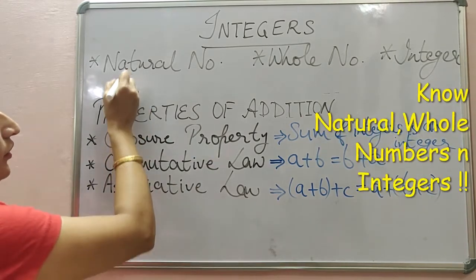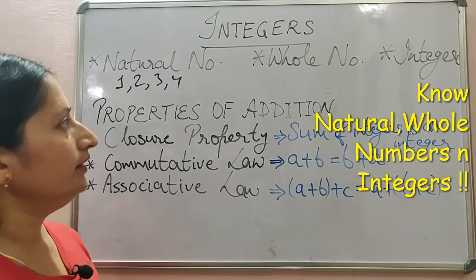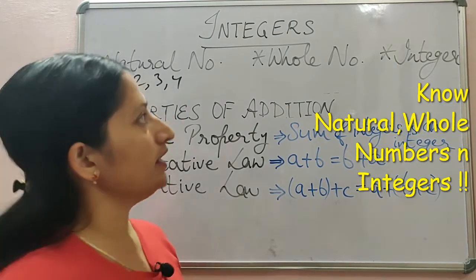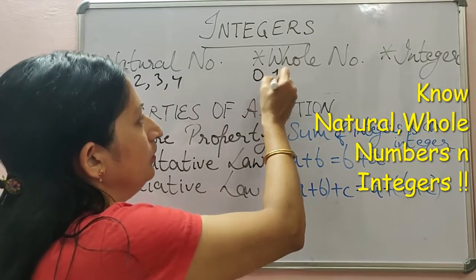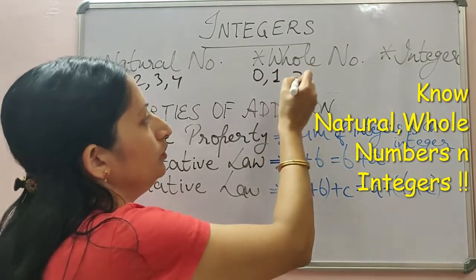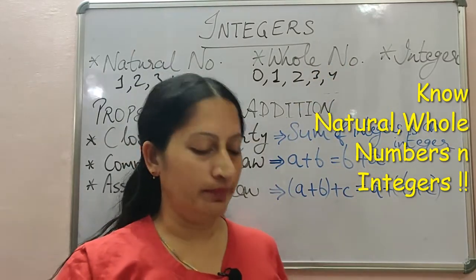Numbers like 1, 2, 3, 4, like this you write. These are all natural numbers. While when you have these numbers from 0, that is 0, 1, 2, 3, 4, these become whole numbers.